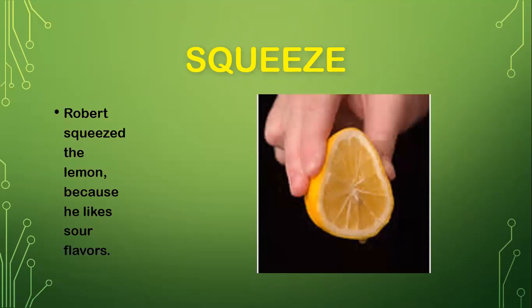Let's see. Who can read the example, please? Squeeze. Any volunteer? Who can read the example about this? All right, I'm going to pick a volunteer.